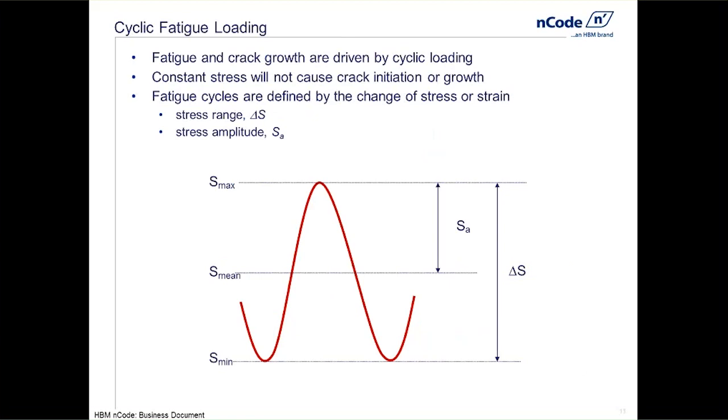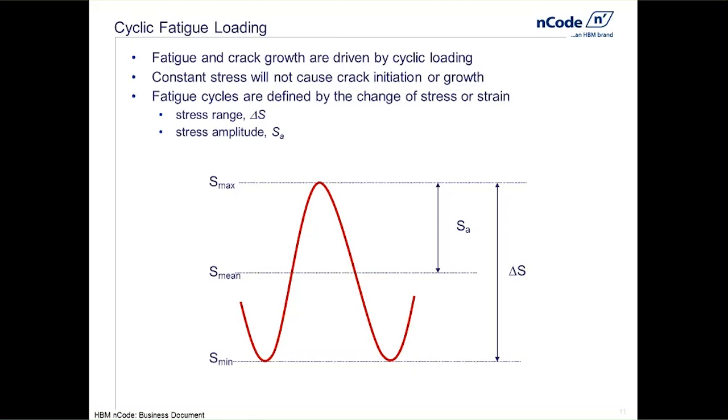These fatigue cycles that I'm talking about are each going to be unique, and each cycle, as is shown here by this red line, has a couple important factors. So we've already established that fatigue and crack growth are driven by cyclic loading.